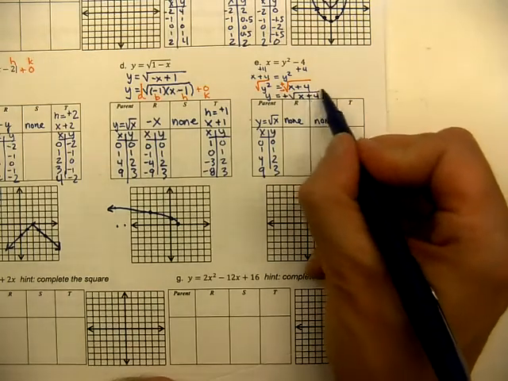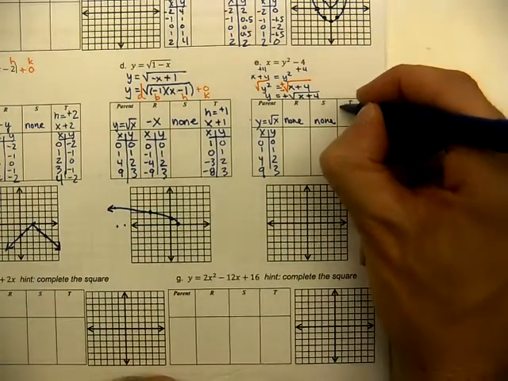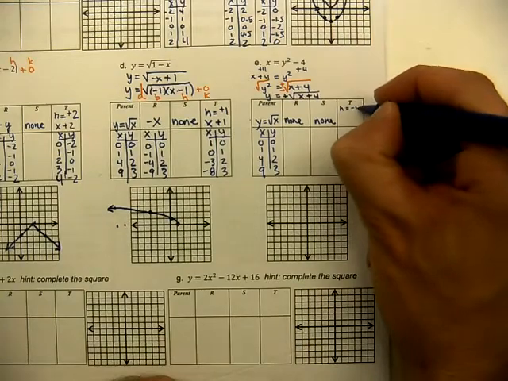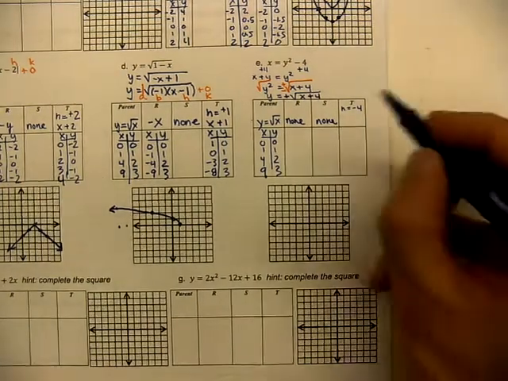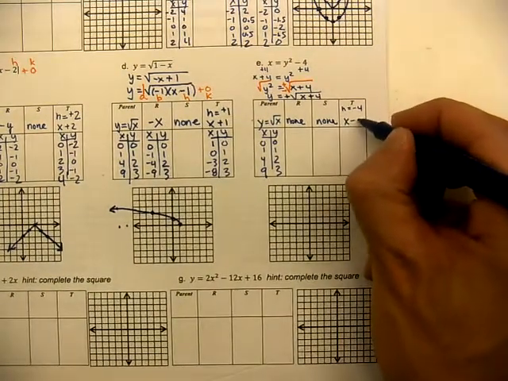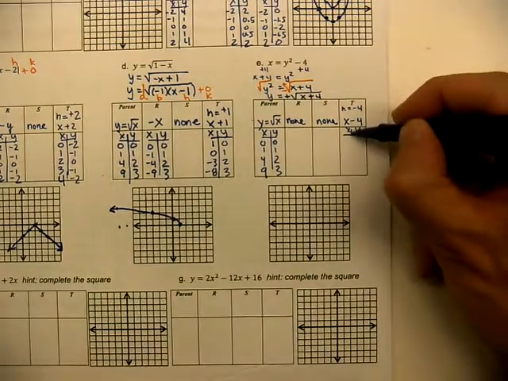So when we extract that, it changes the sign. And we end up subtracting 4 from our x coordinates as we are shifting it left.